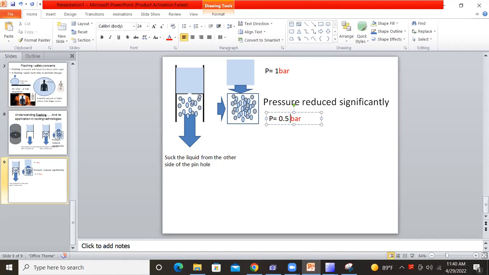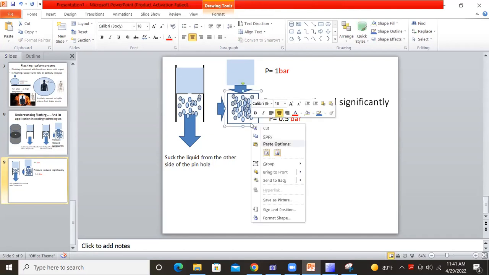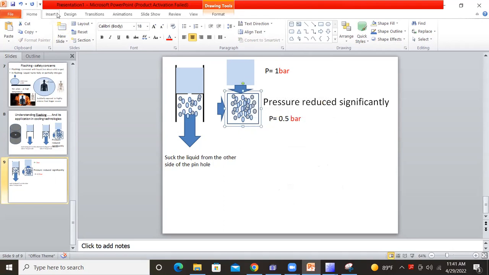Pressure reduced to 0.5. Now the situation is like, of course, this one. If I further develop this, it is something like this.